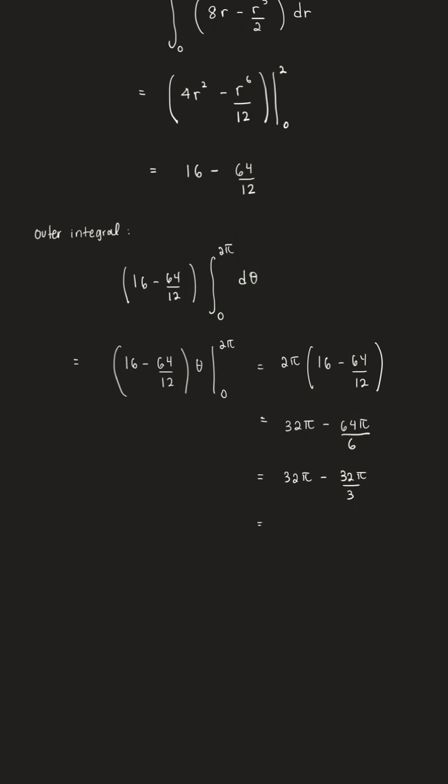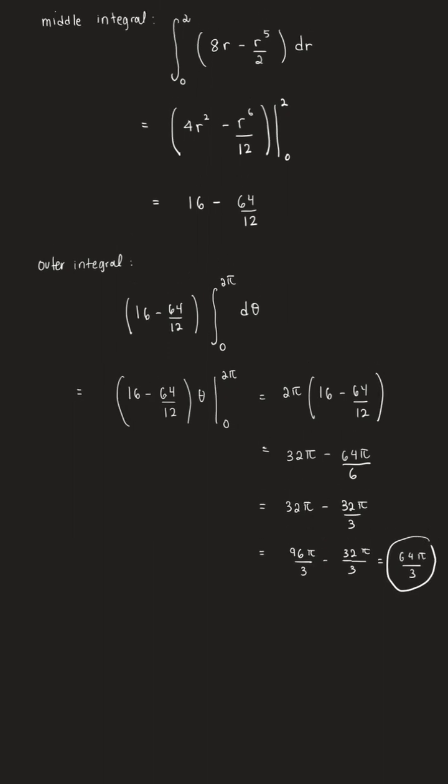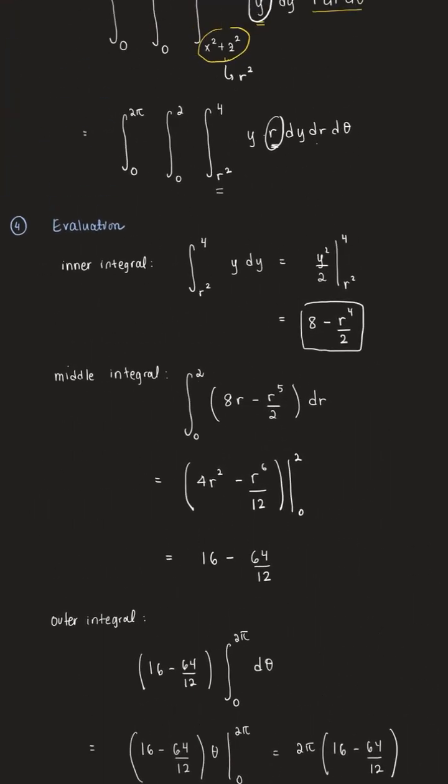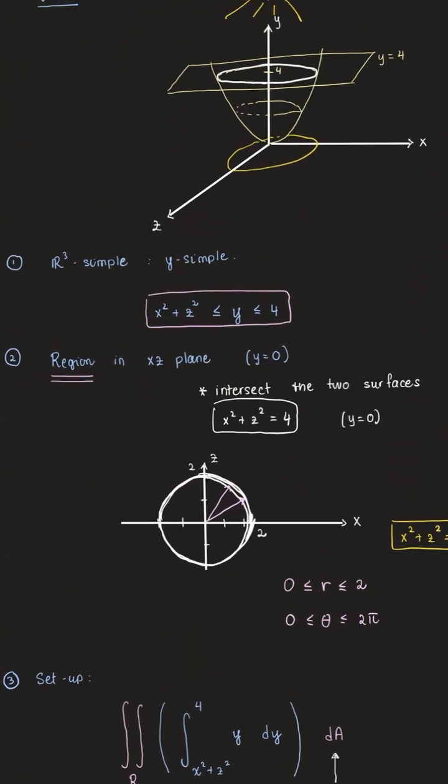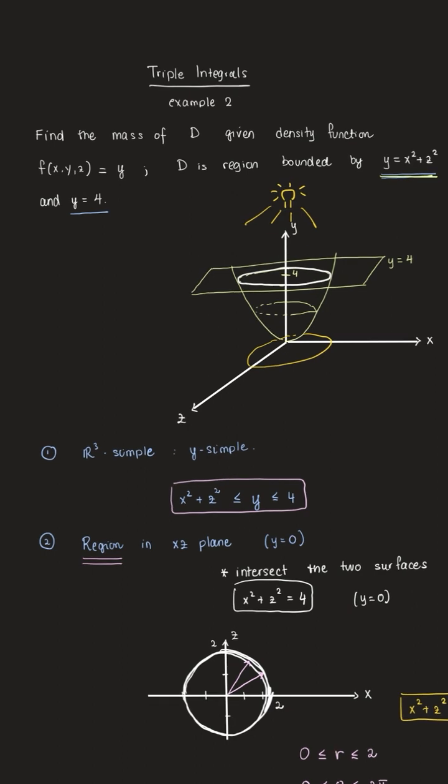And now I've got 96 pi over 3 minus 32 pi over 3, which gives me 64 pi over 3, and that is our mass of the solid that was enclosed, I forgot about it, between our paraboloid and the plane.